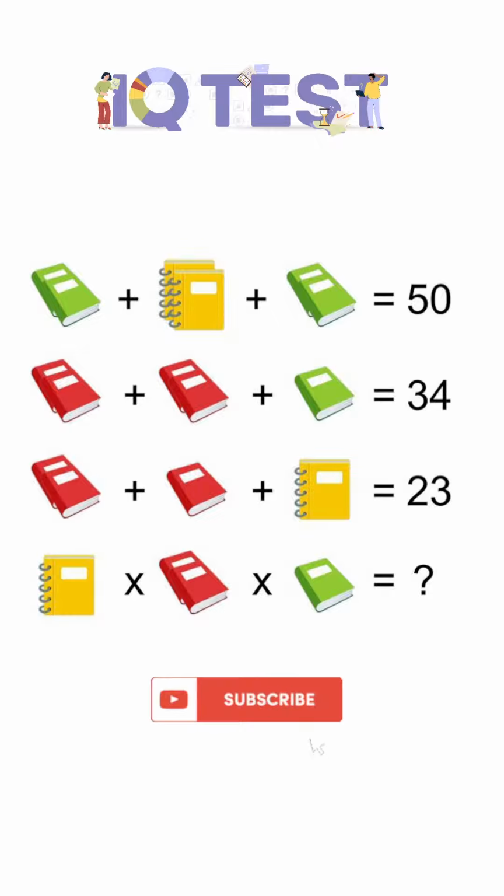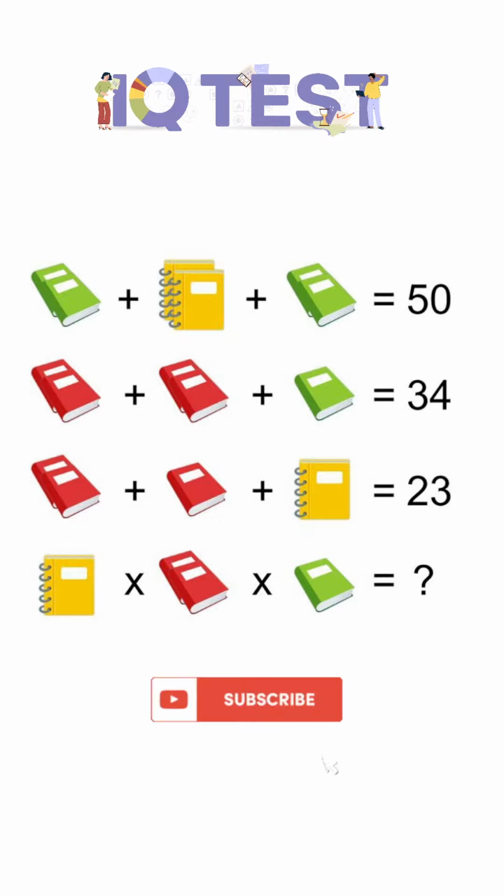So therefore, yellow multiplied by 2 red multiplied by green, it's multiplication.